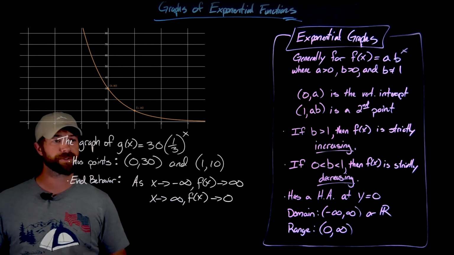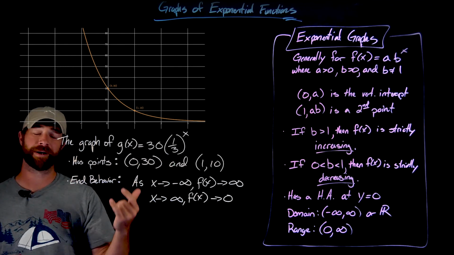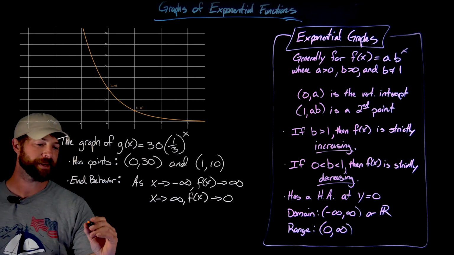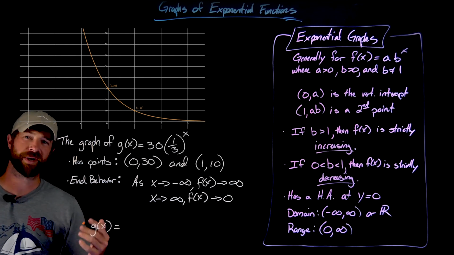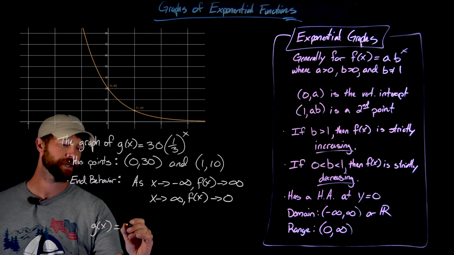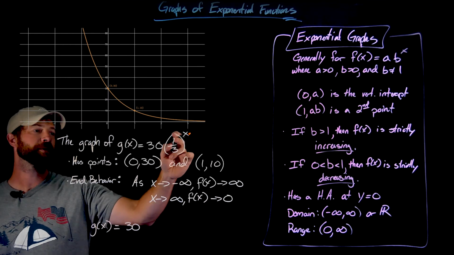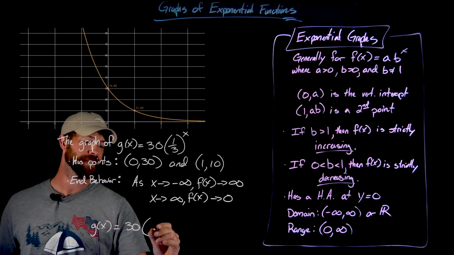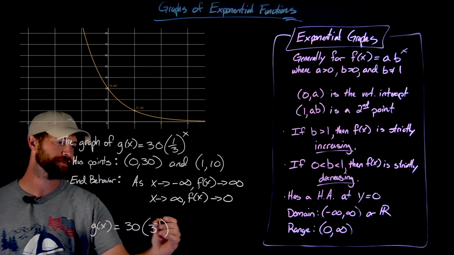And I just want to talk too about this relationship between a decay model and a growth model. This will help us with the next conversation we'll have in a little bit, which is about the transformation of these types of functions. If I rewrote this as 30 times, instead of writing 1/3, I can write this as 3 to the negative 1 using the properties of negative exponents.